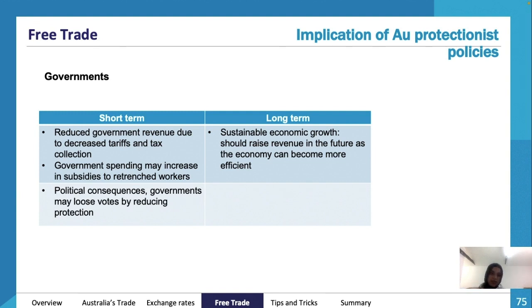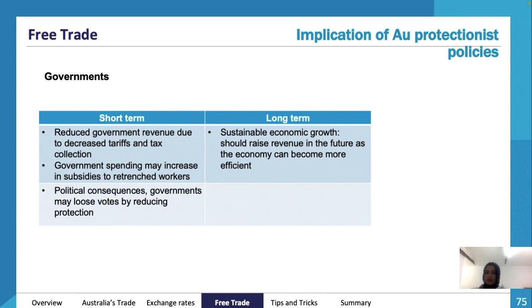Government spending may increase in subsidies to retrenched workers, and there are political consequences, right? Governments may lose votes by reducing protection, etc. So that may be a short-term impact to take into consideration as well. And in the long term, we've got sustainable economic growth. So this should raise revenue in the future as the economy becomes more efficient.